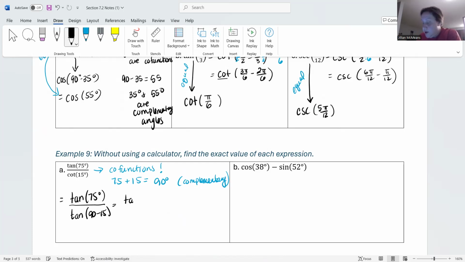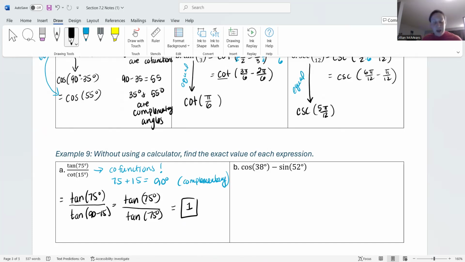So my numerator is still tangent of 75 degrees. My denominator is tangent of 90 minus 15. Well, what is 90 minus 15? It's 75 degrees. Well, tangent of 75 degrees divided by tangent of 75 degrees, they're the same thing. You're just taking one ratio and dividing it by exactly the same ratio. So we get 1, which I think is super fun.